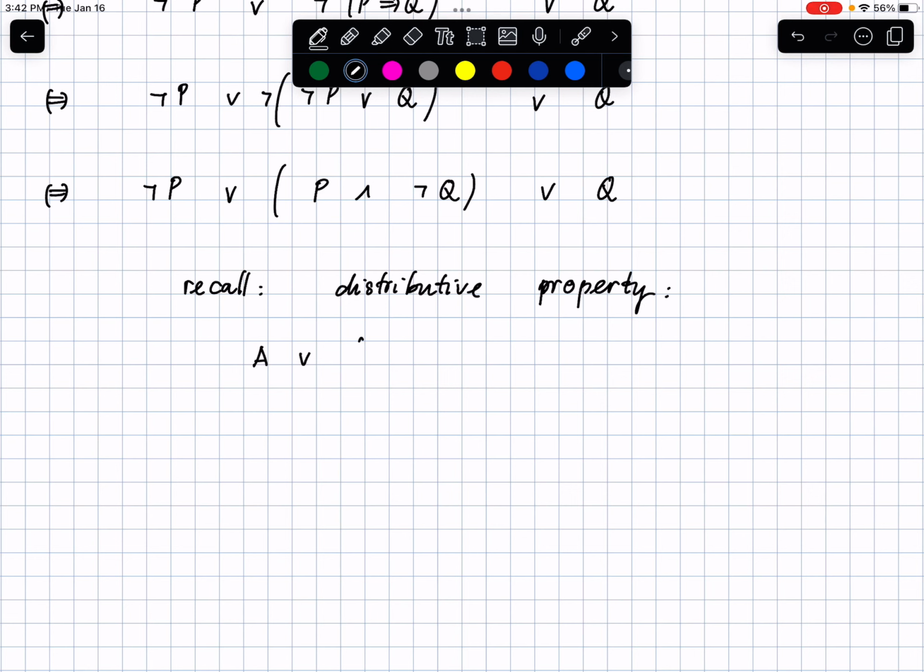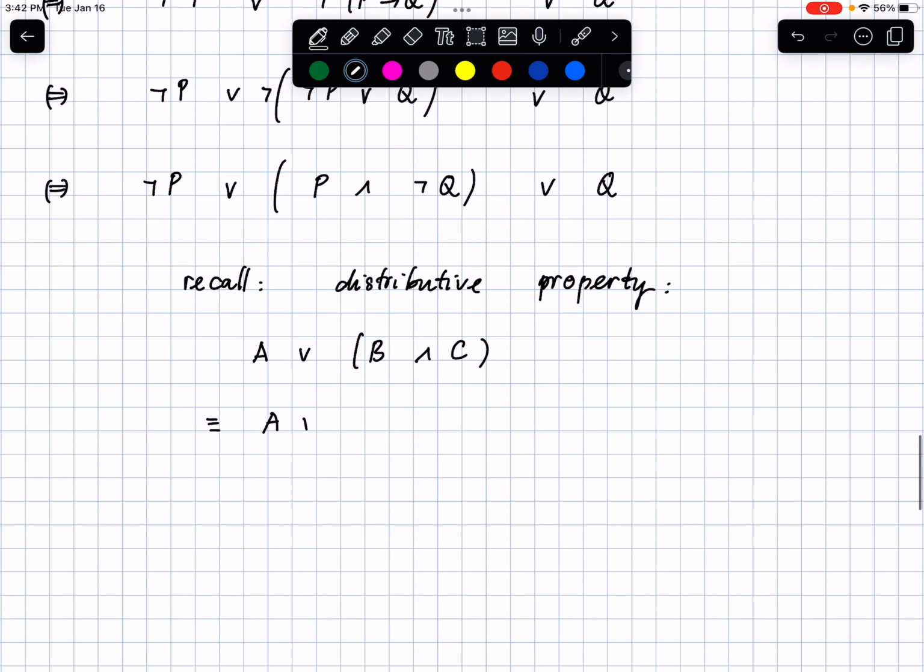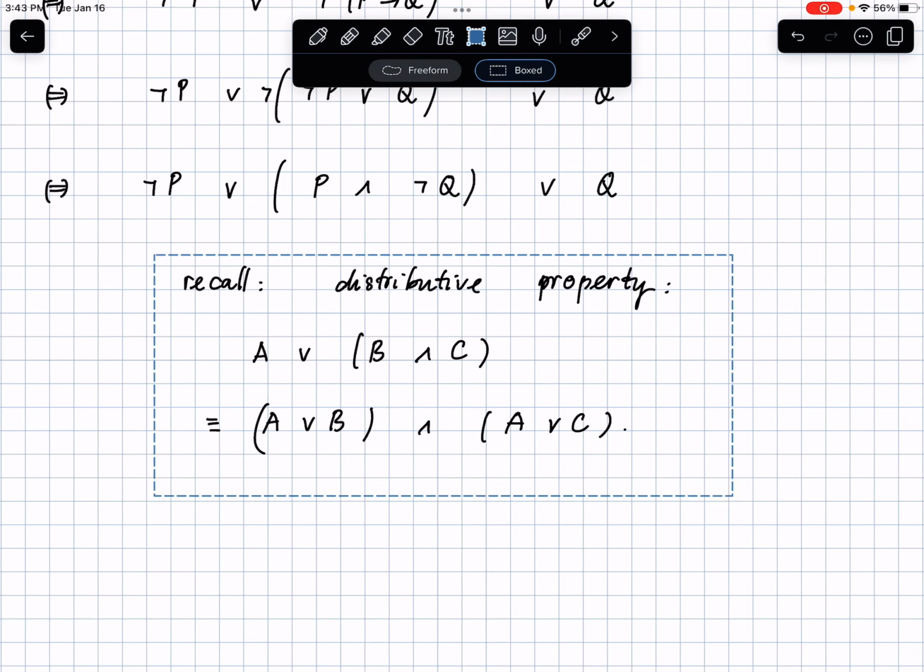A or (B and C) is equivalent to (A or B) and (A or C), and we use this.